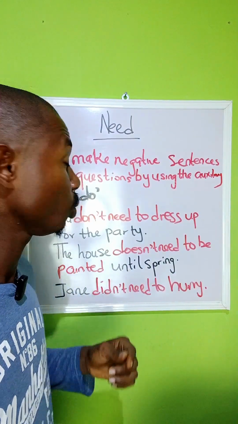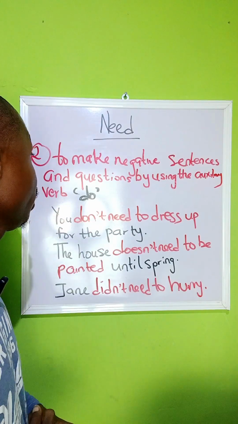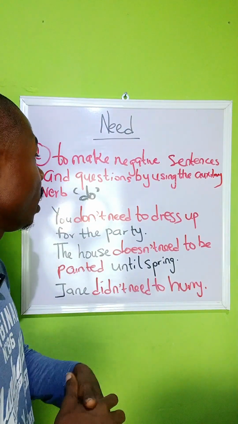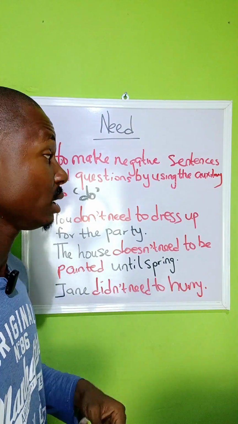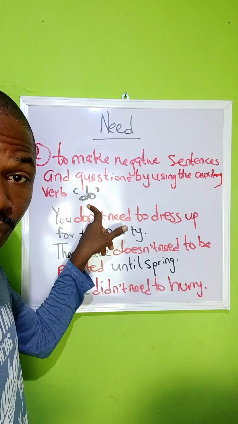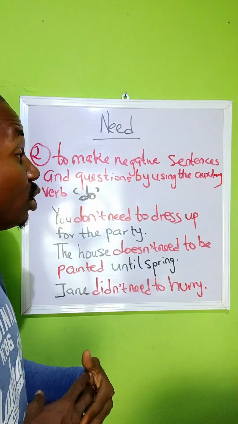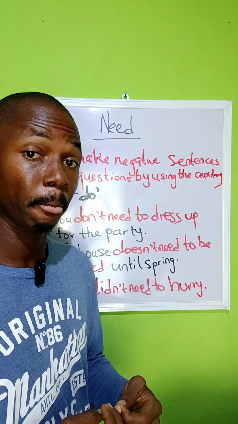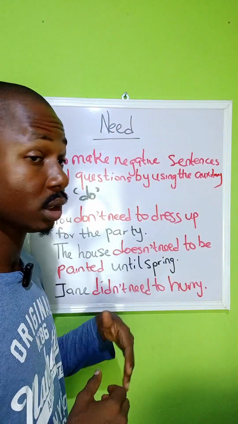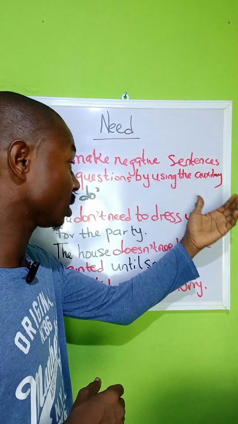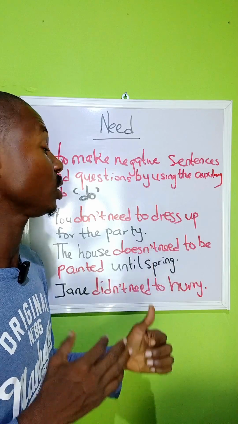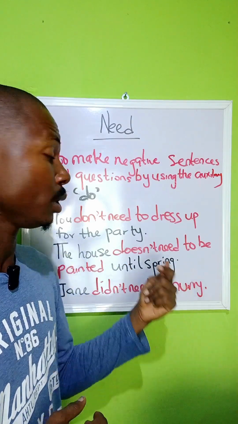So let's go over to number two. We use need to make negative sentences and questions by adding the auxiliary verb do. We can use the various forms of the auxiliary verb do.